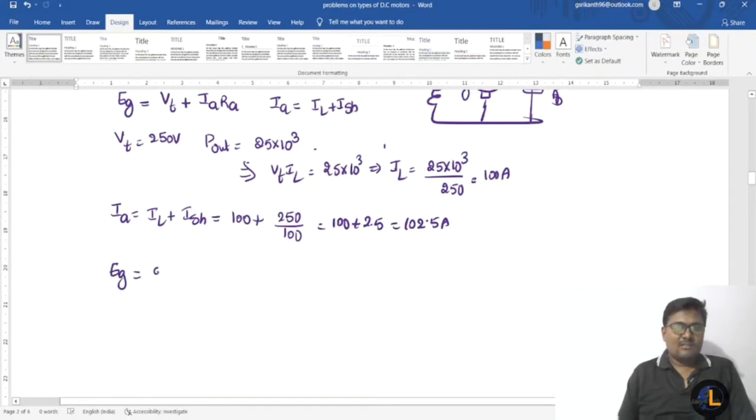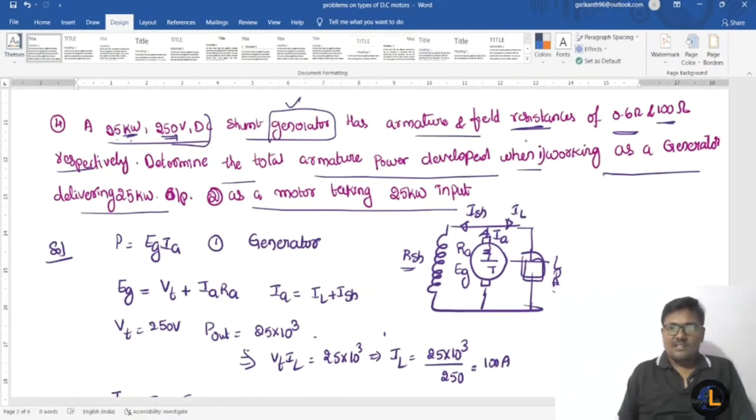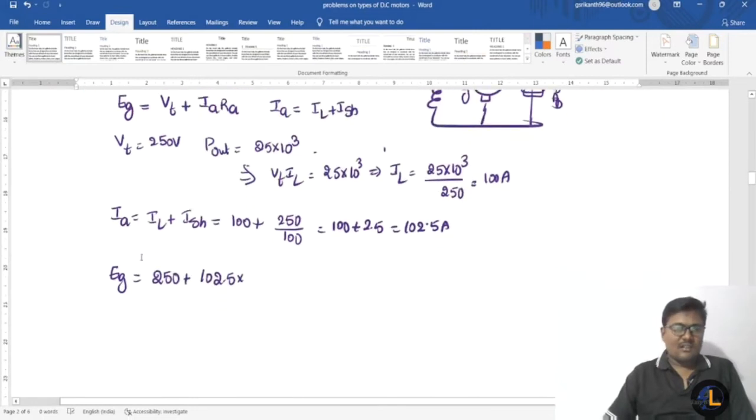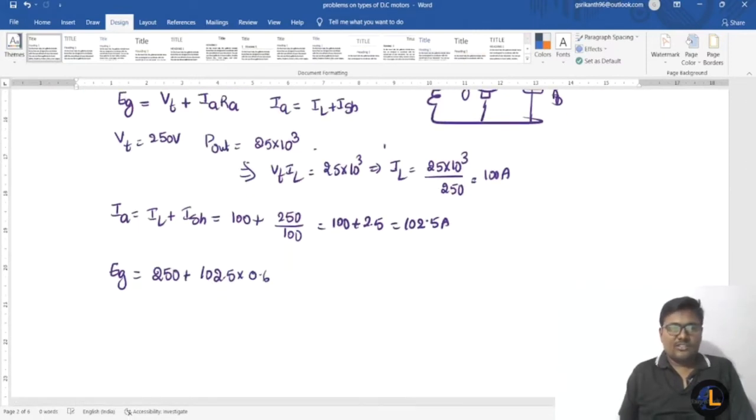Then find out the EG. EG is equal to 250 plus 102.5 into the armature resistance, which is given as 0.6. By using a calculator, 250 plus 102.5 into 0.6, you will get 311.5 volts.